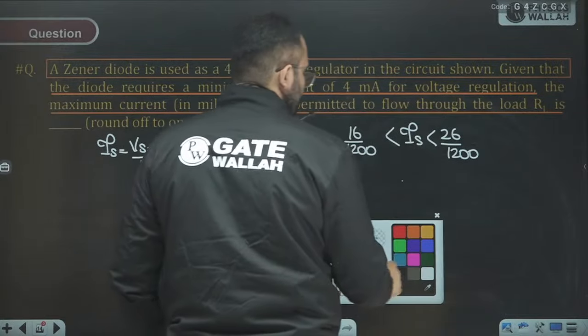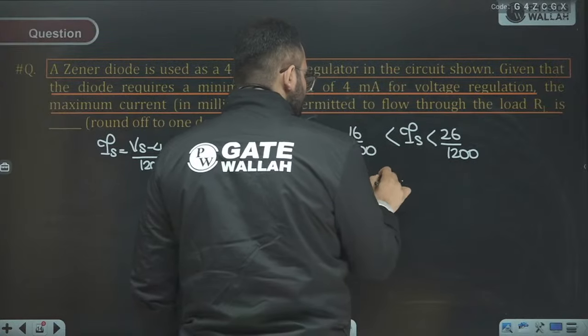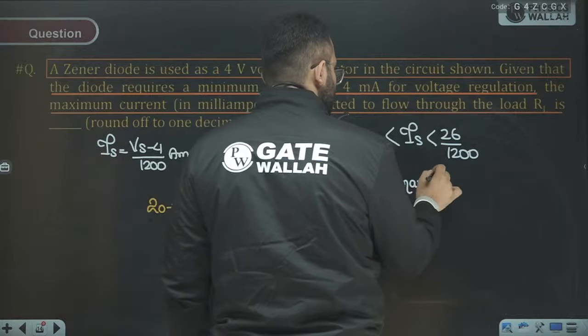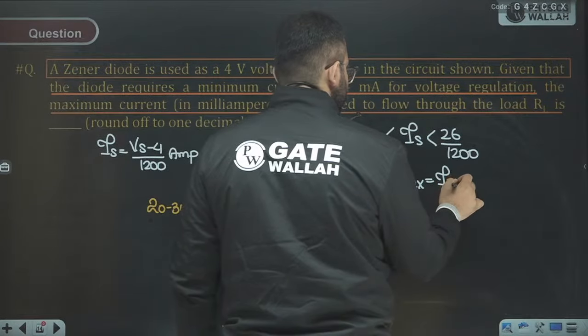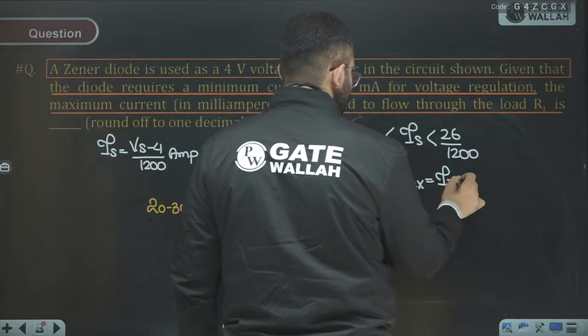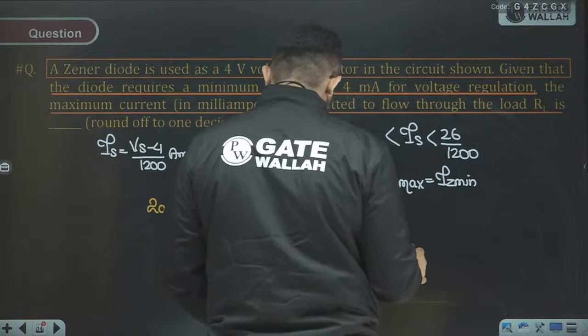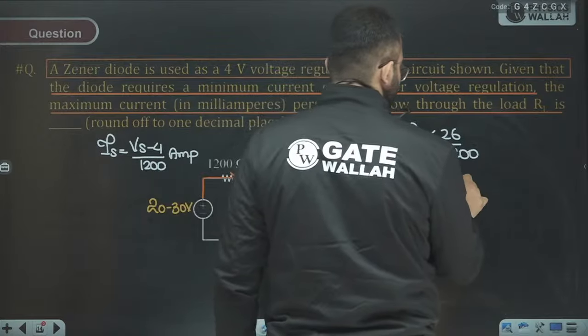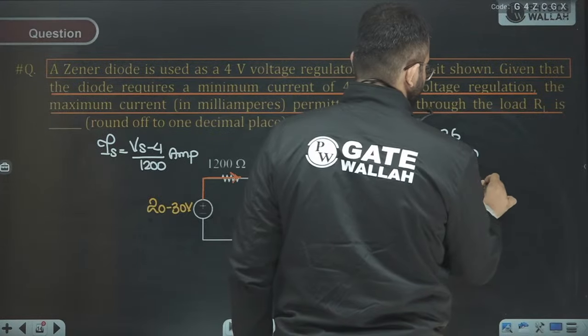Now friends, we know that the source maximum current is equal to Zener maximum, if you remember, Zener maximum plus load minimum.